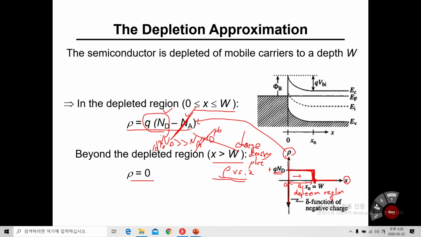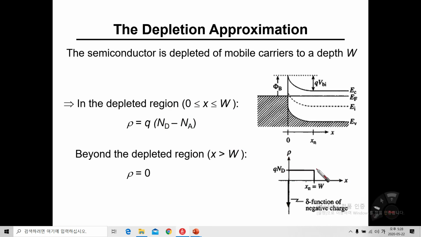Just for your information, let me draw the real exact solution for the charge density plot. If I use very complicated mathematical models, you are going to get this curve shape in rho versus x.